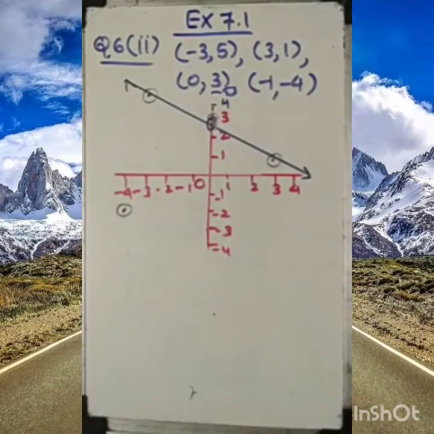So is it possible to draw the quadrilateral? Think about that. If the 3 points are collinear, then there isn't any chance that we can make a quadrilateral here.